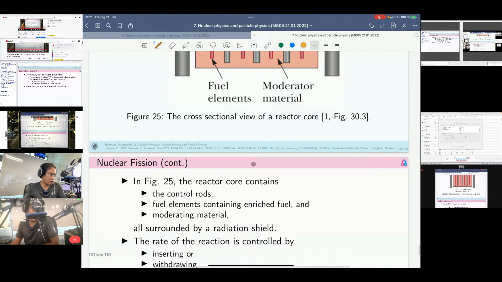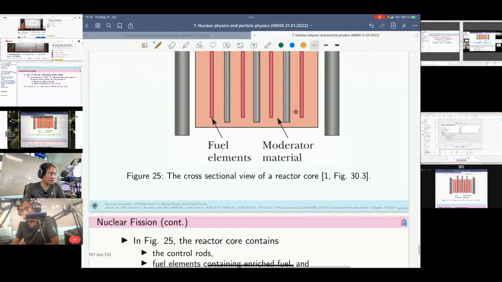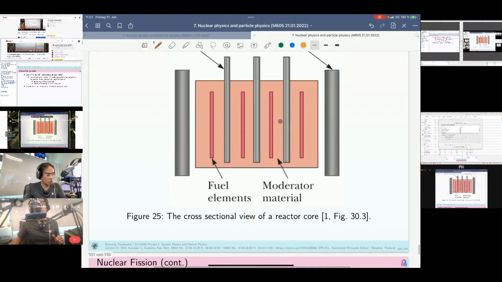The moderating material is this one, to control the fission process rates, so that there will not be too many neutrons inside the system. You can control the number of neutrons by using moderator material.